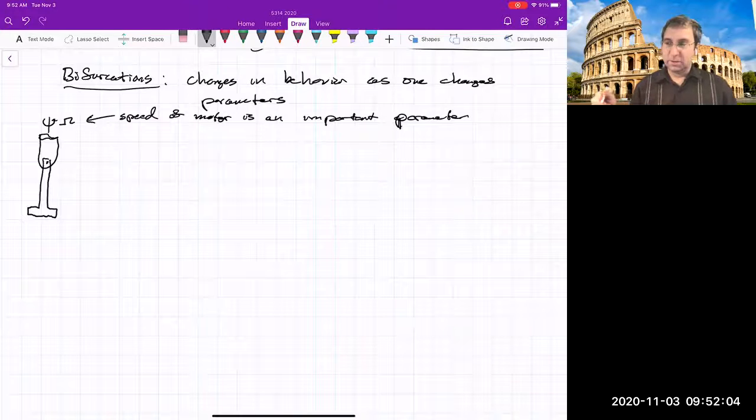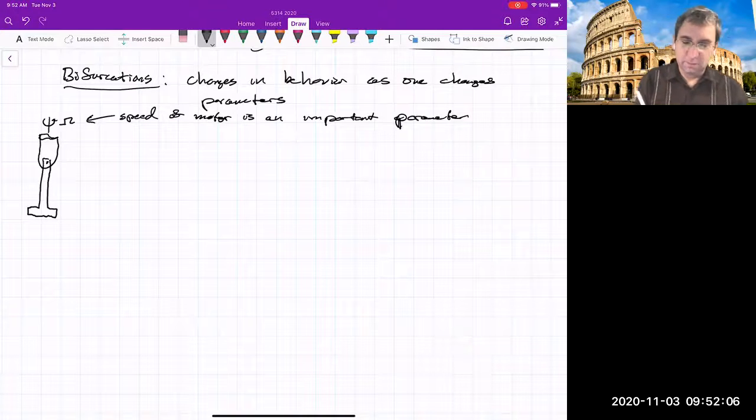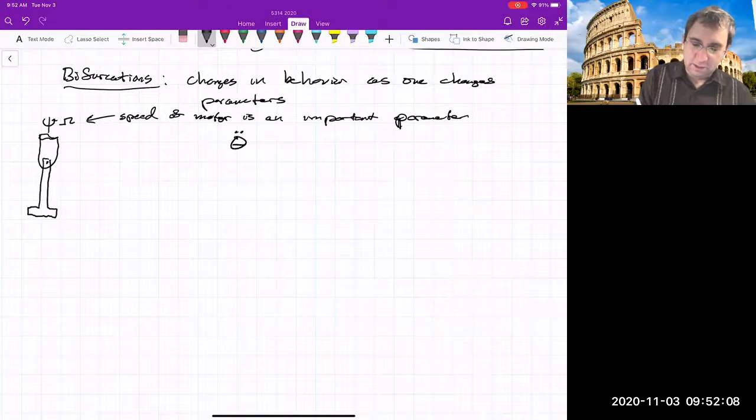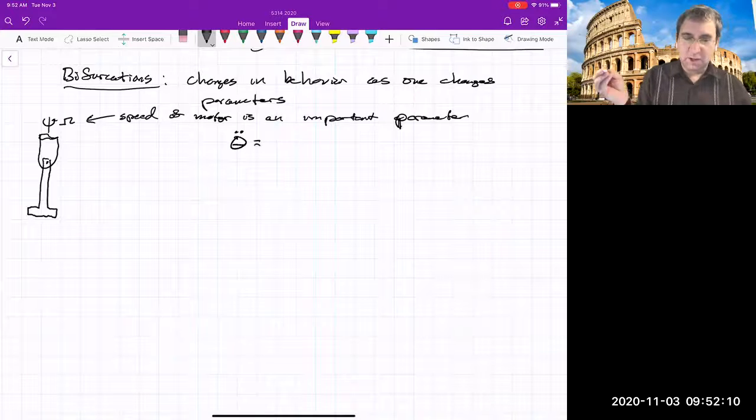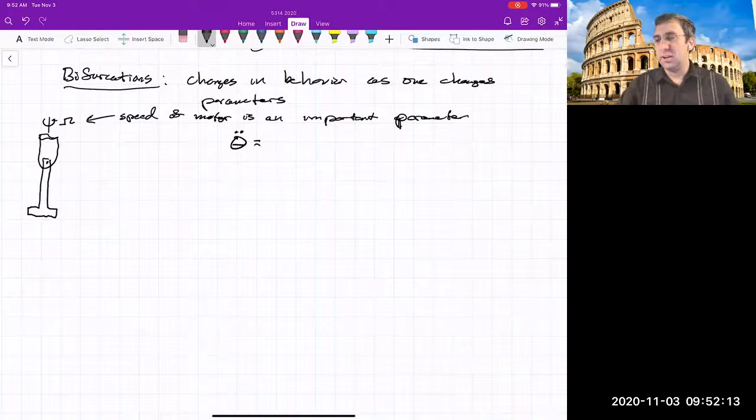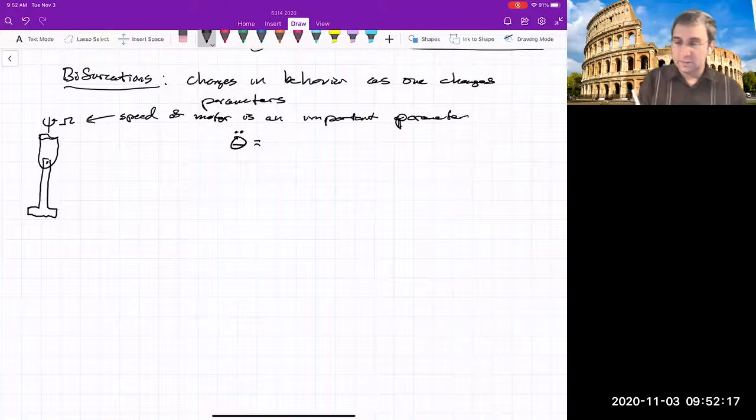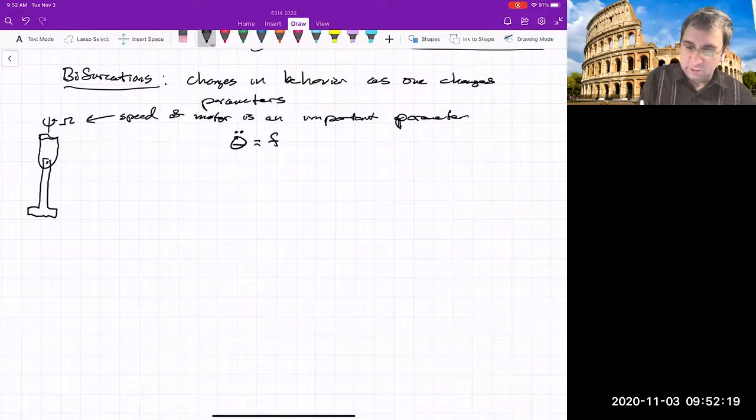If you've done this problem, you'll have that theta double dot equals something that's a function of theta and omega. So we might say theta double dot, the angle that this thing makes with the vertical, is a function of theta, and then we put a semicolon here.